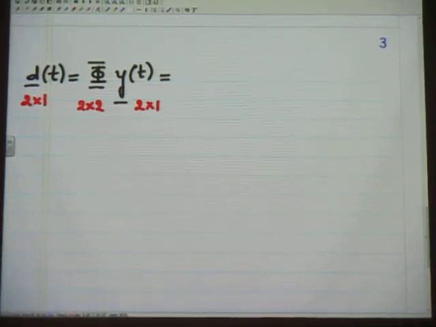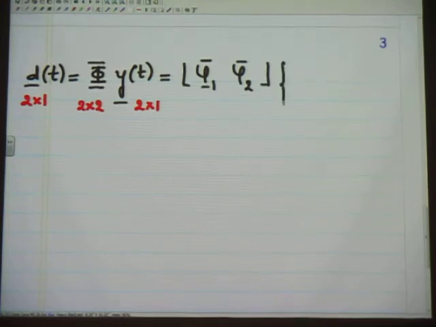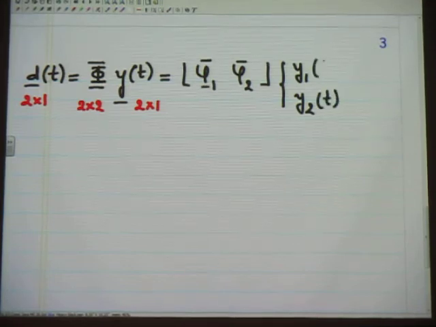Remember, this can be written like this. The matrix phi bar is the matrix with the normalized eigenvectors in the columns. So column 1 is phi 1 bar and column 2 is phi 2 bar, and the matrix Y is y1, y2 as a function of time t.